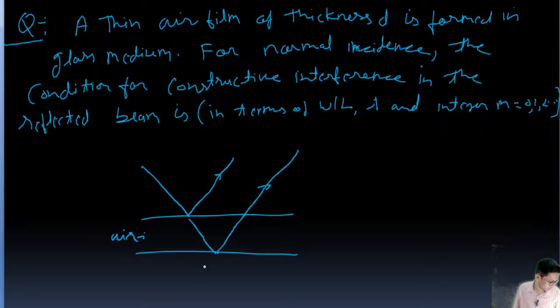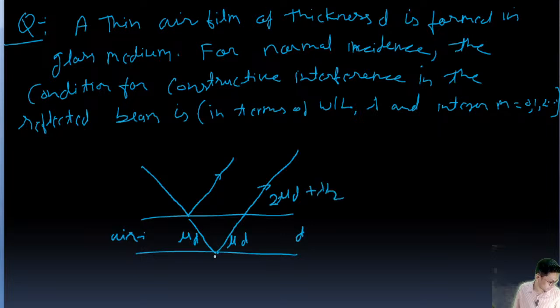So this is the hard part of the glass. I have already explained in my optics lecture that if light gets reflected from a hard boundary, it creates a path difference of lambda by 2. The thickness is given, that is d, so this wave travels a path of 2 mu d plus lambda by 2.